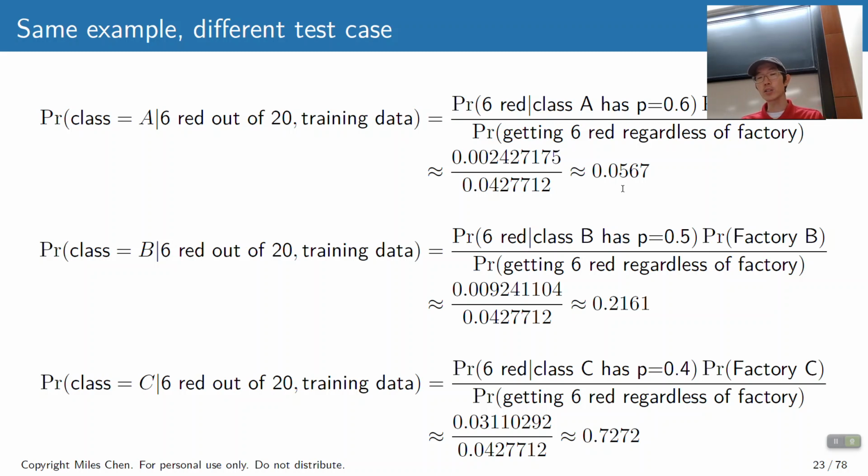And despite factory A producing 50% of all marble bags out there, it's really unlikely to have come from factory A, because factory A has a filling proportion of 60%. It could produce a bag that's only 6 red out of 20 marbles, but it's pretty unlikely. So the classification probabilities depend on what data we see, and that's how the Bayes classifier works.